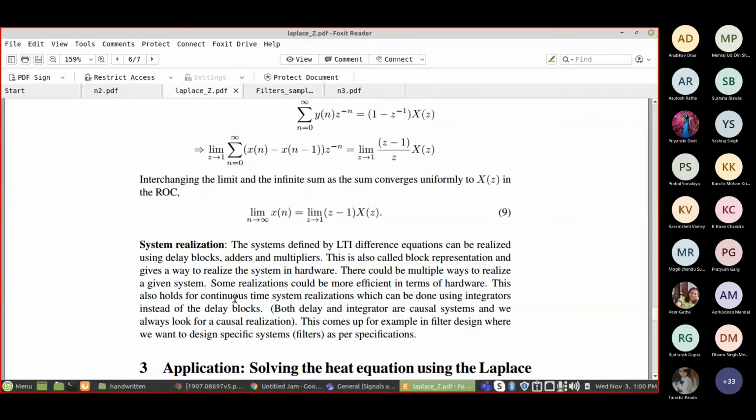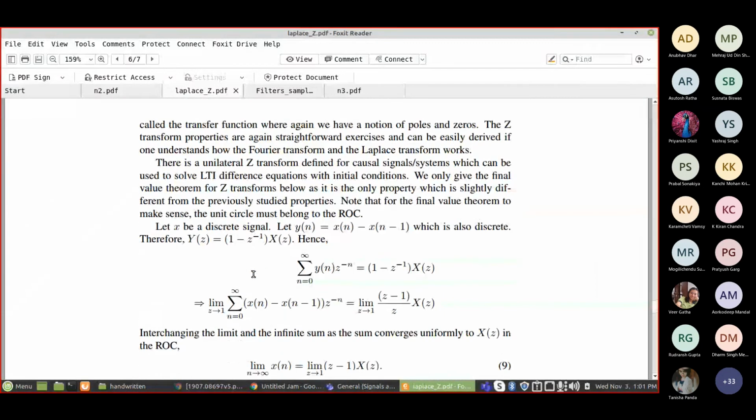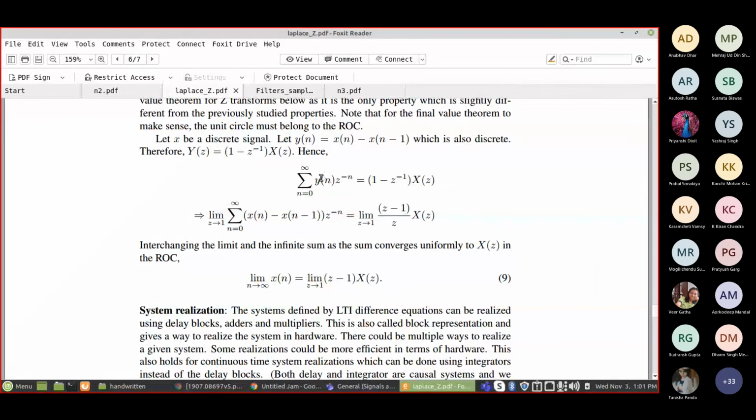And this initial or final value theorem. For the final value theorem to hold, you must have the unit circle in the ROC, because we are taking this limit. So it will not hold when the unit circle does not belong to the ROC, and just go through this straightforward manipulation. It almost comes out for free.